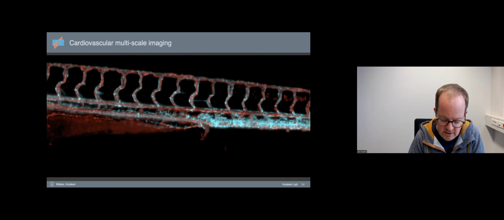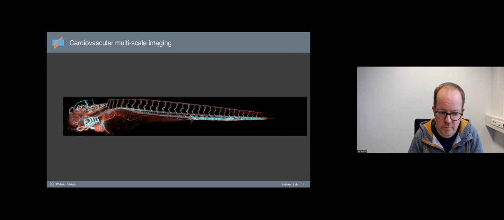So another thing I'd like to highlight in this context of multi-scale imaging is that in your experiment, you might only really be interested in a certain aspect at a given time. May it be blood flow in these vessels, but you have to be aware that all of what you're doing there is always in the context of a living organism, right?